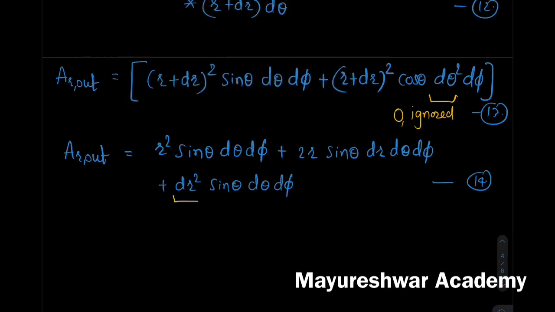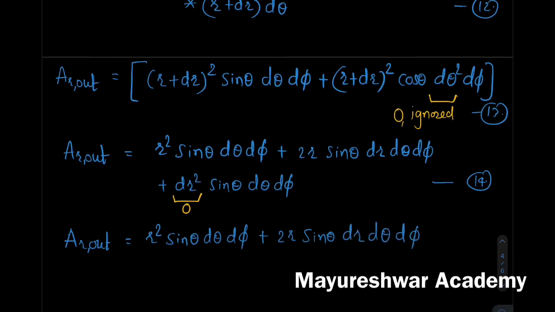Again, this dr squared component is going to be 0. So let us write down only two terms which are representing the outgoing area: (r squared + 2r dr) sine theta d theta d phi. So this is the area of the face from which flux is going out.